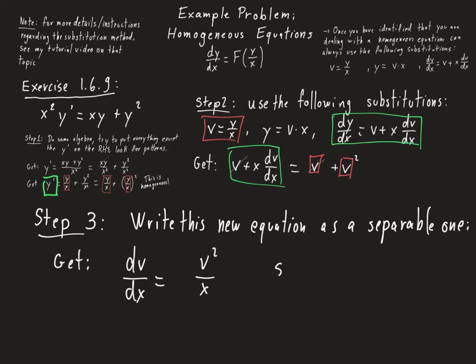And you can see that this is separable, because this is a function only of x being multiplied by a function only of v. In this case, the function only of x would be 1 over x, and the function only of v would be v squared. Now, once we've done this, the next step is to separate the variables.